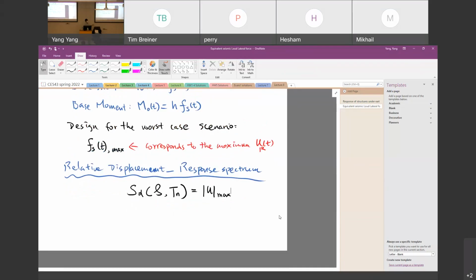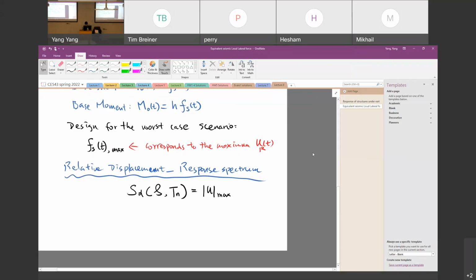Mathematically, the response spectrum is a function of the damping ratio and the natural frequency for one earthquake, and the spectral value is determined as the maximum absolute value of the displacement response.